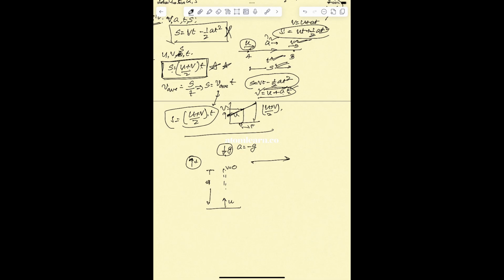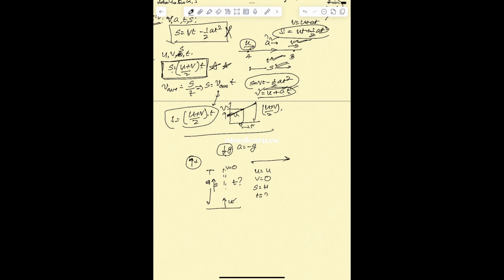The displacement is called h, and displacement is vertical. So there are three data: u equal to u, v equal to 0, and s equal to h if it is given. Then what is the time taken to travel upwards?